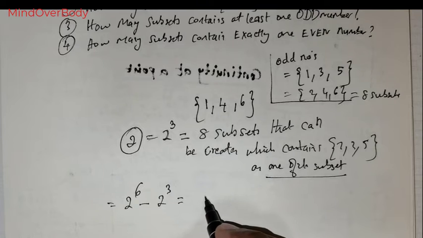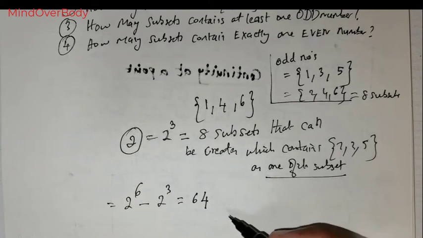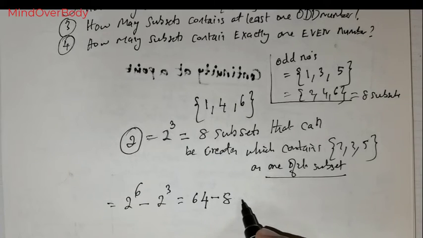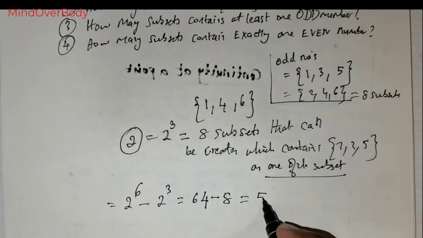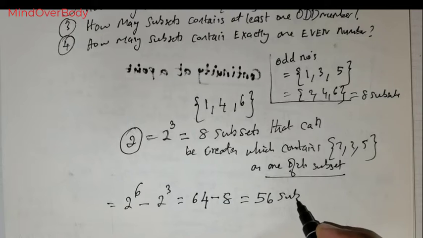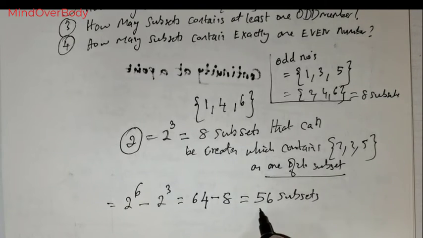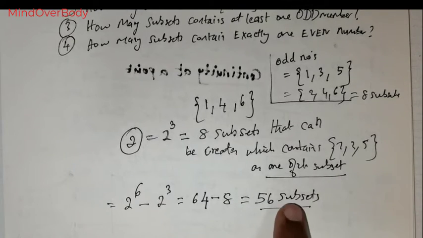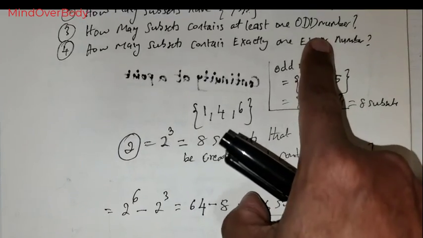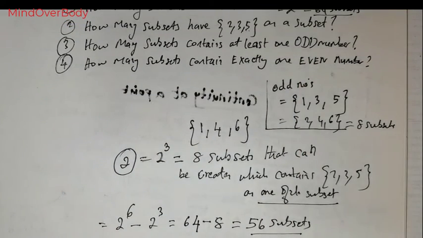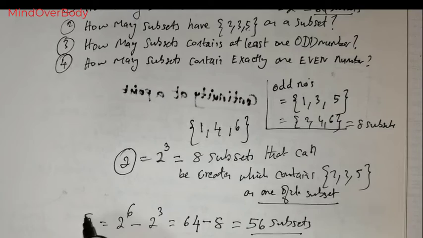So 2 raised to the power of 6 is 64. From 64, I need to remove 8, which gives 56 such subsets that will have at least one odd number. So that is the solution to question number 3.